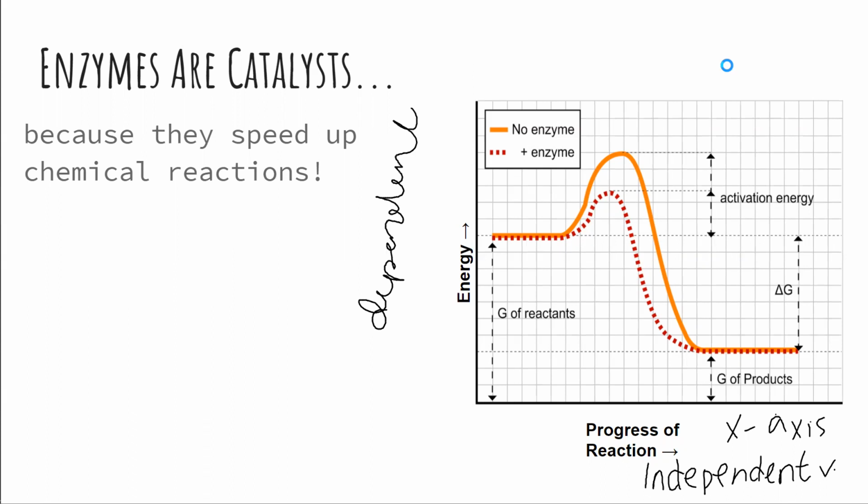And so on my two axes, my independent variable is the variable that we're actually manipulating, right? The variable that we're actually changing. So the progress of the reaction is what we're seeing, how it's going. That's what's changing. The progress of the reaction, whether with an enzyme or without an enzyme, is what we are observing changing, right?